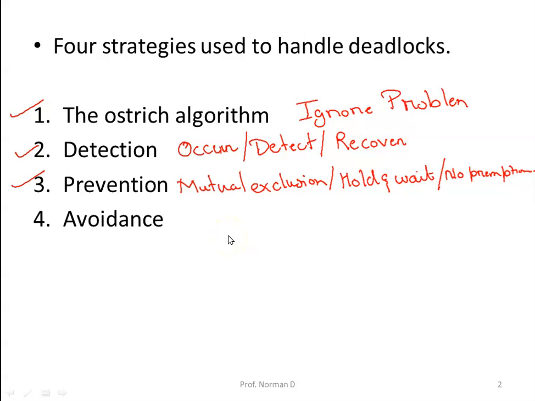However, most prevention algorithms have poor resource utilization and hence the result is reduced throughputs.